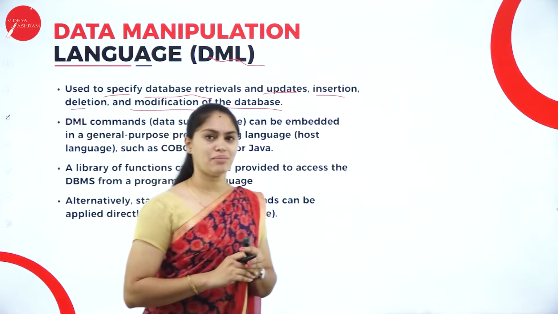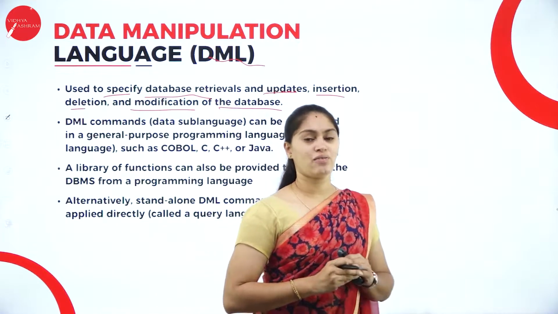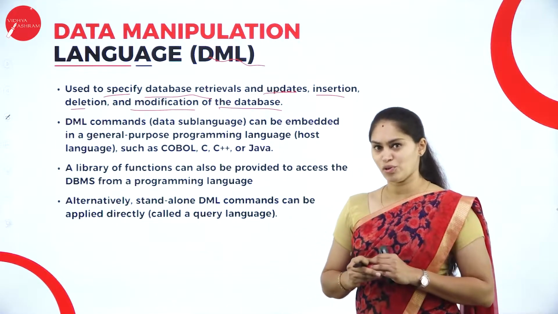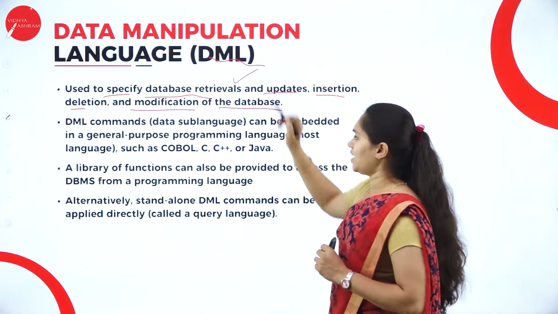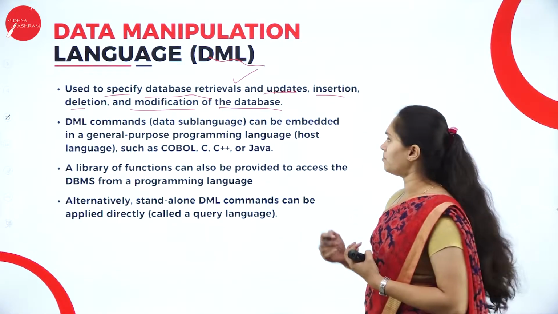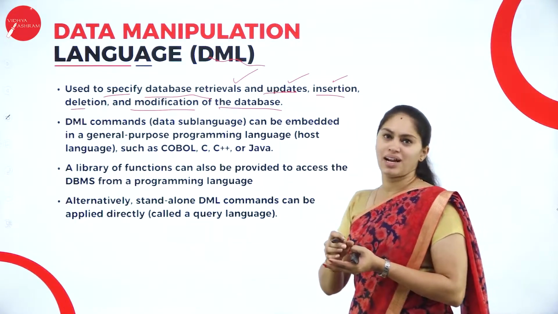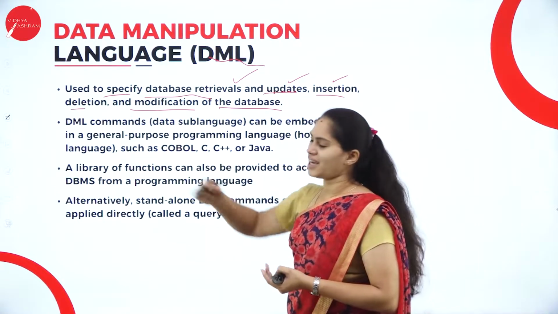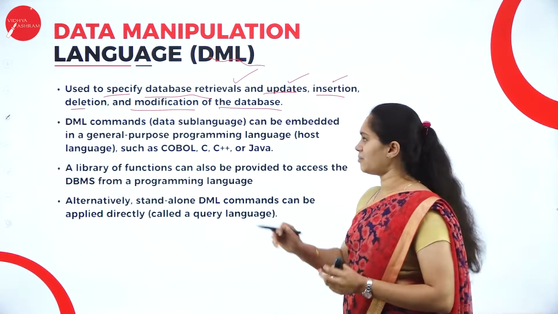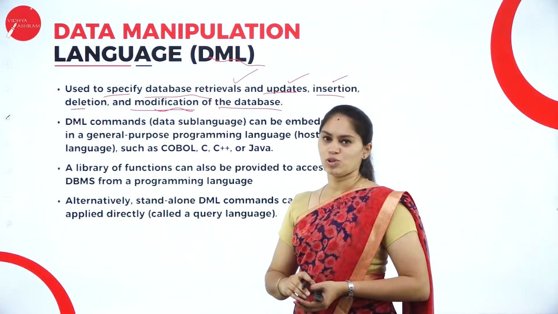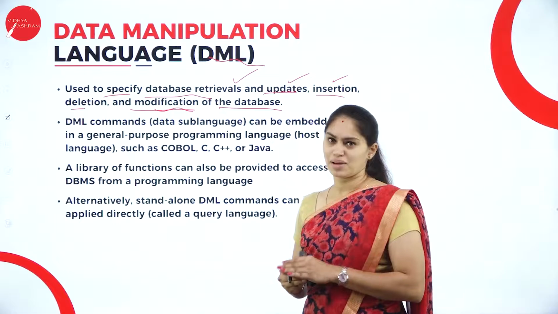So if I have DML, what are the operations that I can perform out of that? We can retrieve, that means I can fetch some data, and also I can update some data. I can insert some data into the database, and also I can delete some data from the database, as well as if I want, I can do the modification of the database.